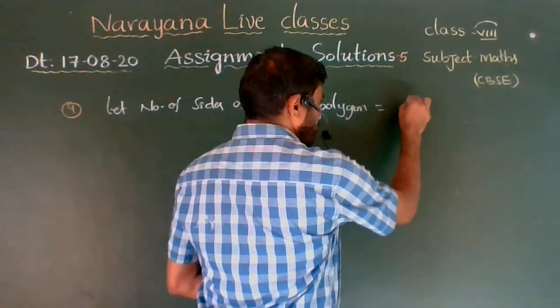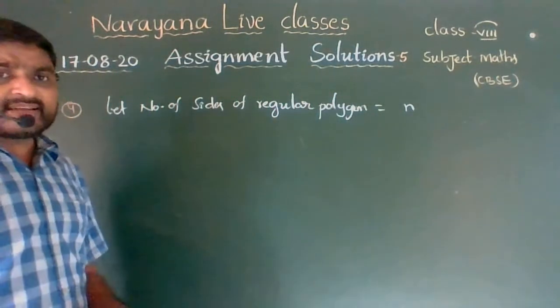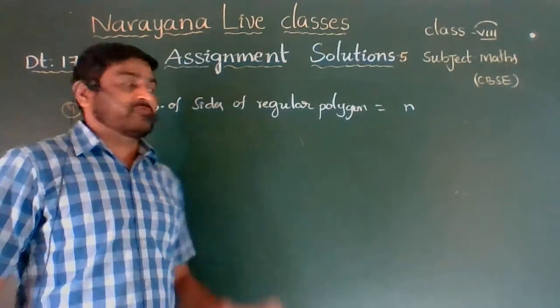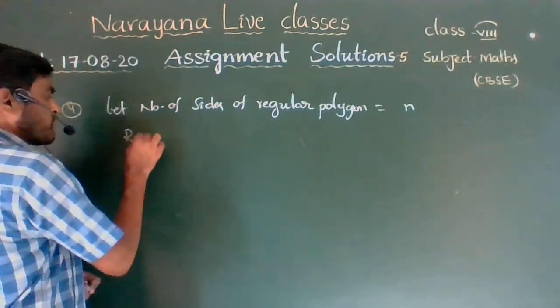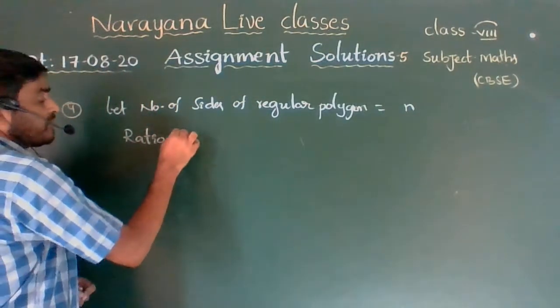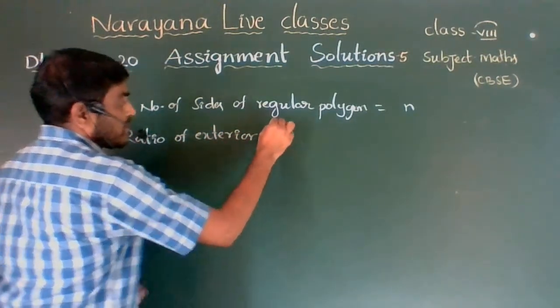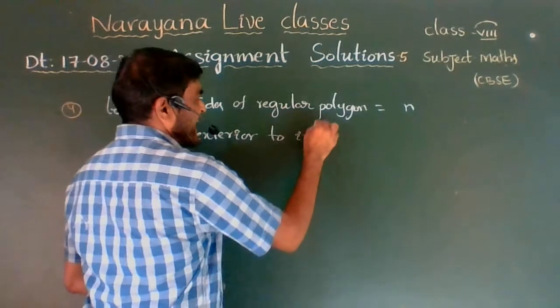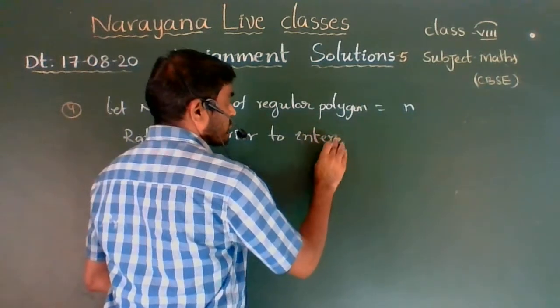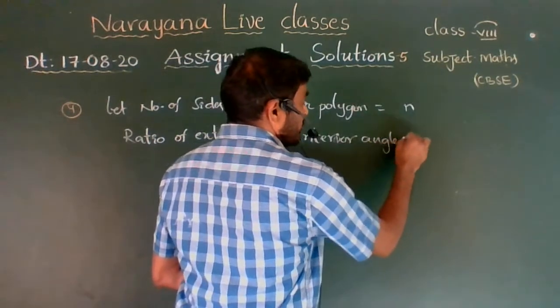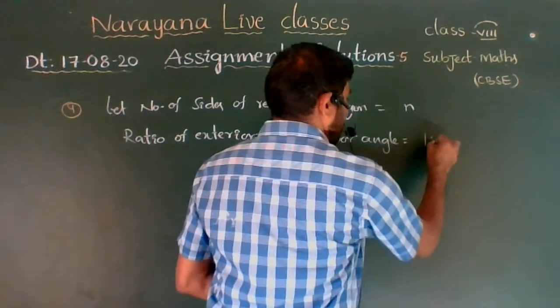Here the ratio of exterior angle to interior angle is given as 1:4.